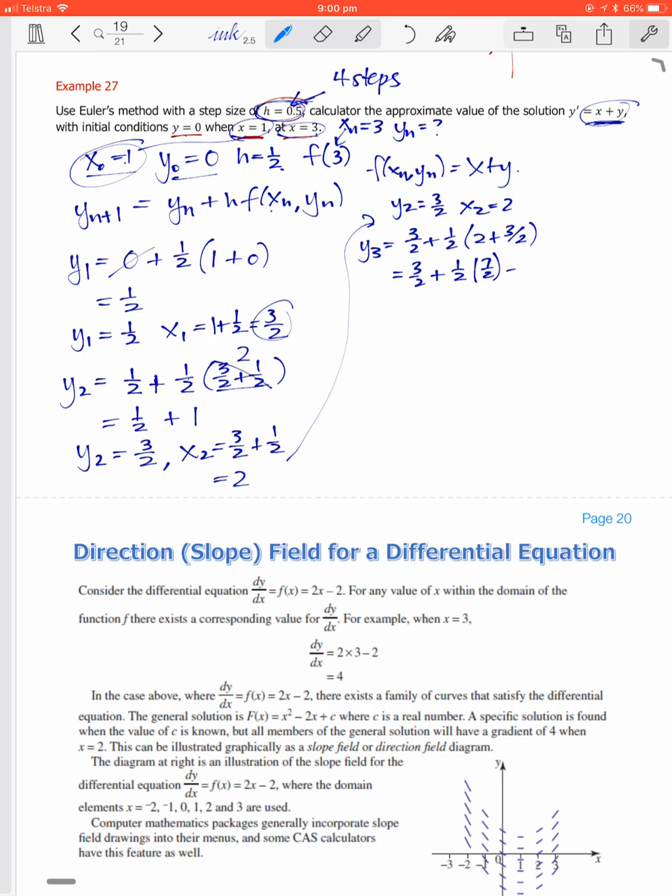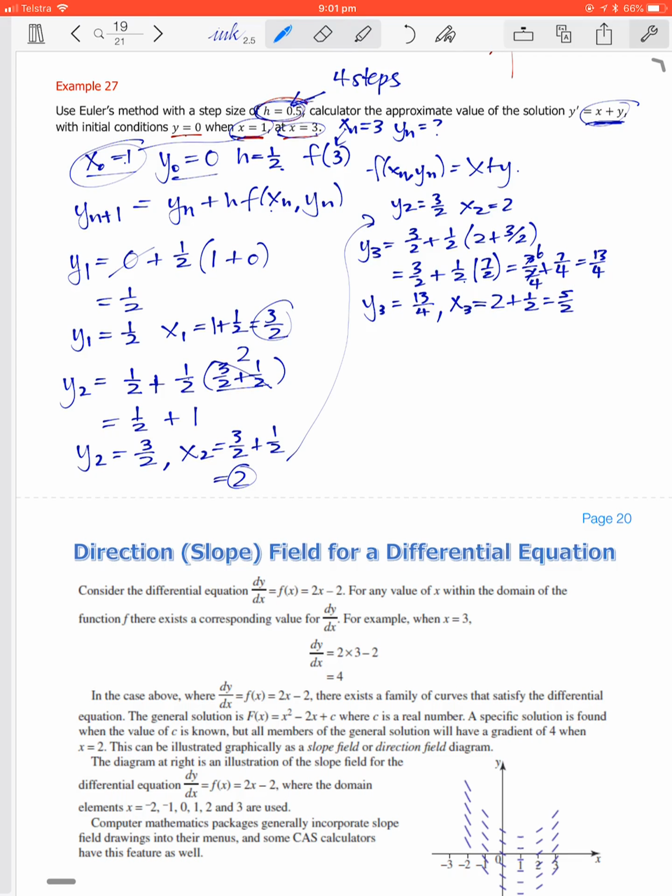So I get 3 on 2 plus a half of 7 on 2, which is 7 on 4. If I put that on 4, the top becomes a 6. So I end up with 13 on 4. So we end up with y3 is equal to 13 on 4, and x3 is equal to x2, which is 2, plus h, so 2.5, that's 5 on 2.